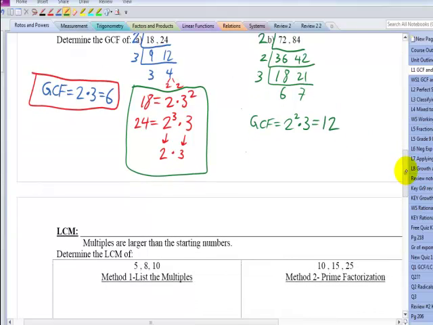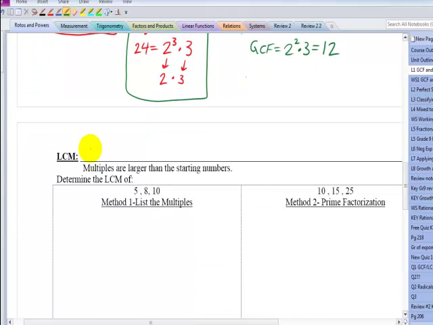So the LCM, that would be the least common multiple. And least stands for lowest, and often we'll just use lowest because that's more common.